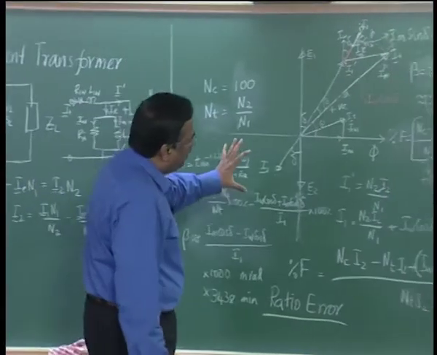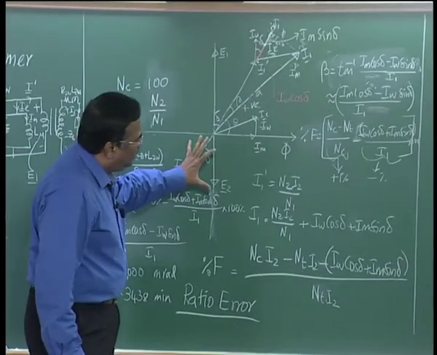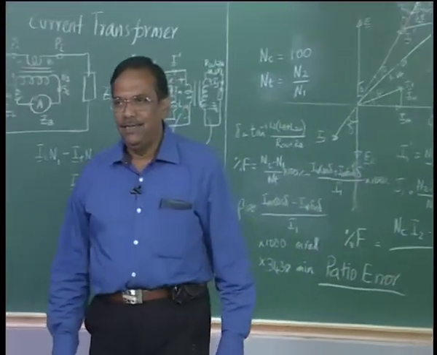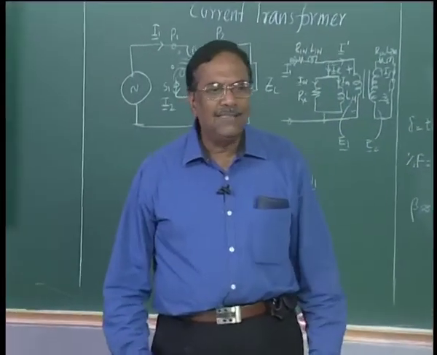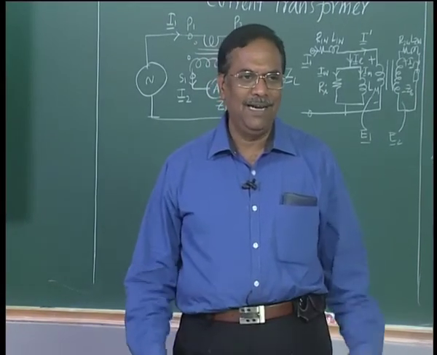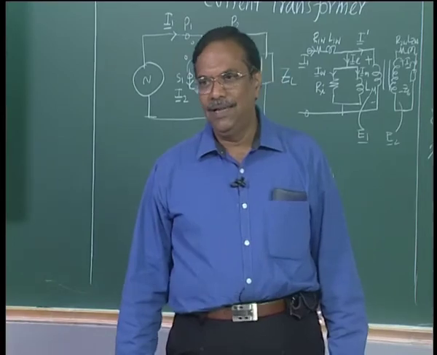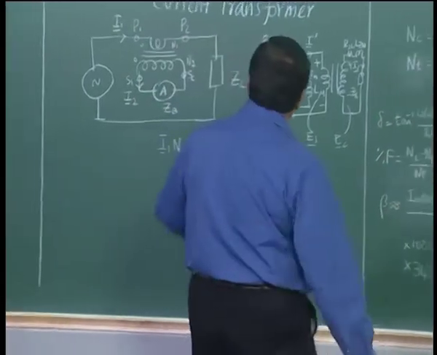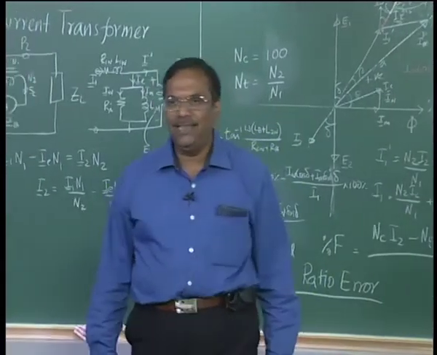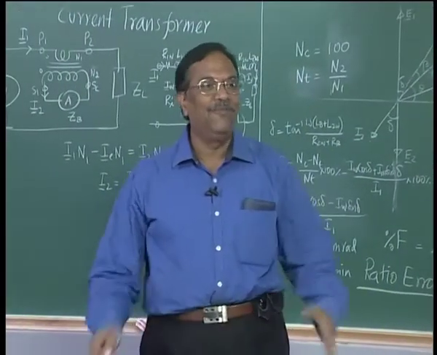Now, last class we also looked at the current transformer having something called the instrument security factor, ISF. That is when a fault occurs and the primary current goes several orders of magnitude above the nominal current.